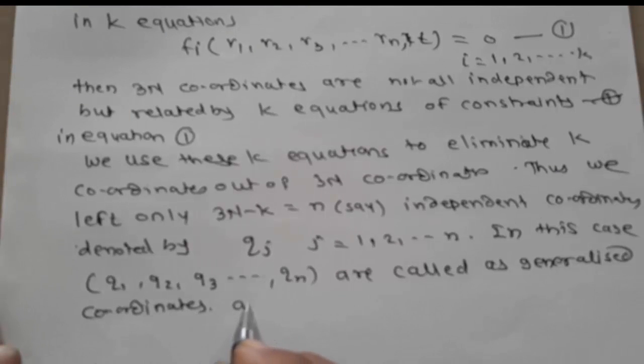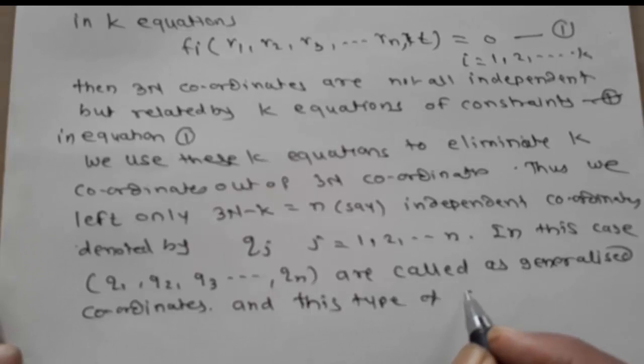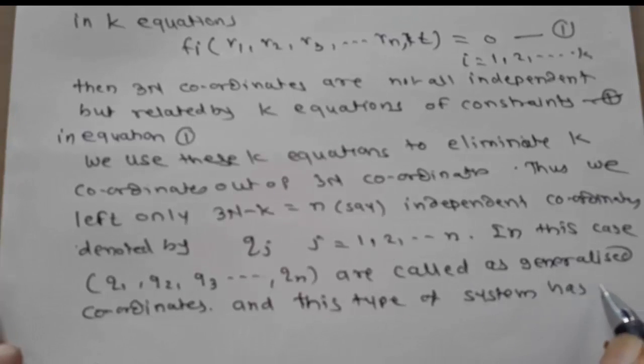And this type of system has 3n minus k degrees of freedom.